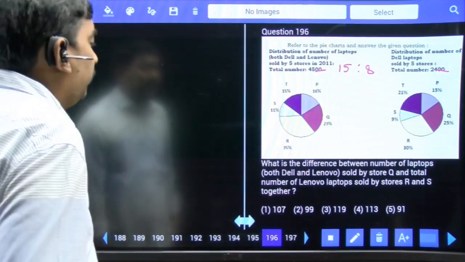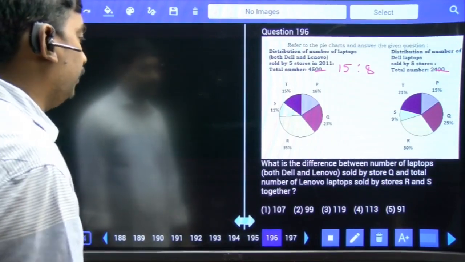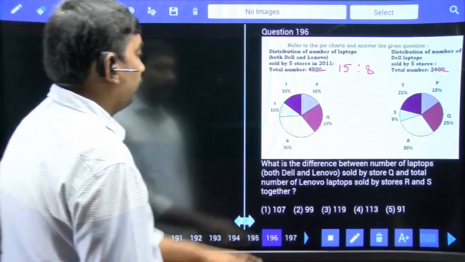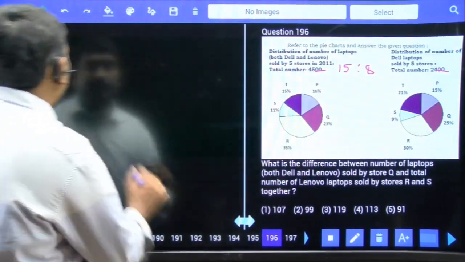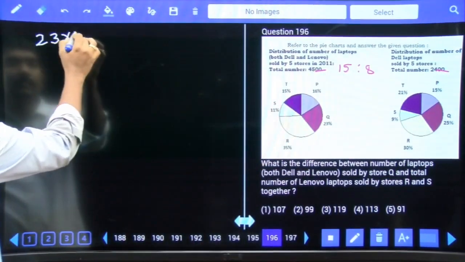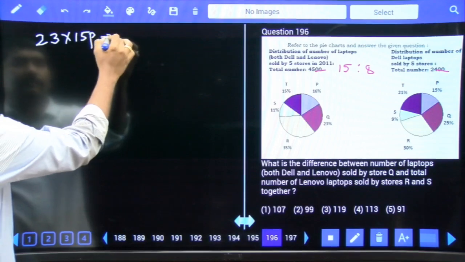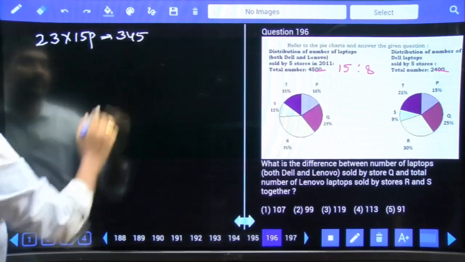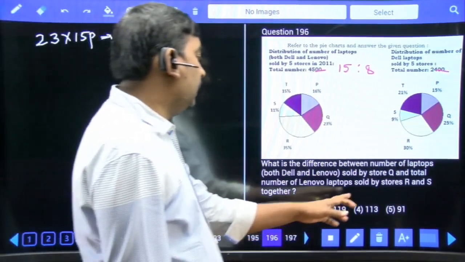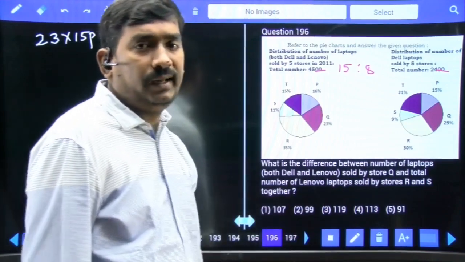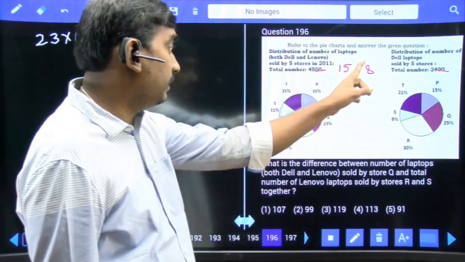What is the difference between the number of laptops sold by store Q? Store Q 23, 15 parts. 23 into 15 means 345 parts. And Lenovo laptops by R and S. How will we get Lenovo? Total minus Dell.